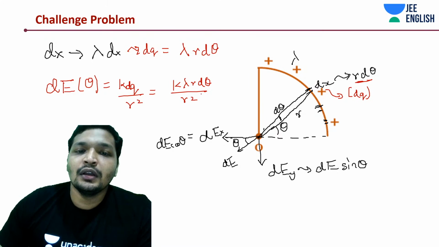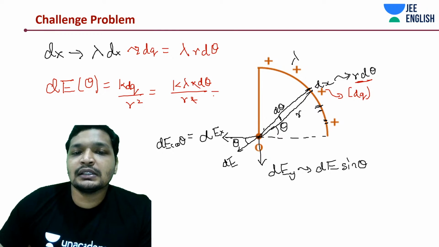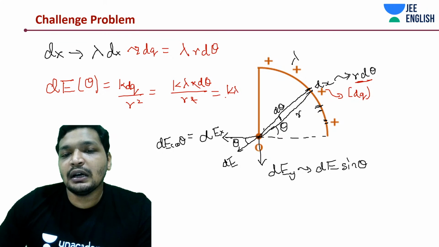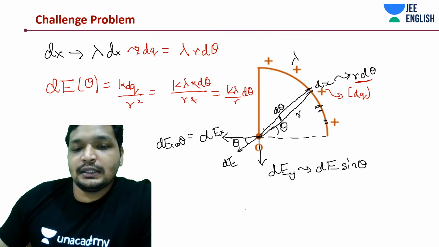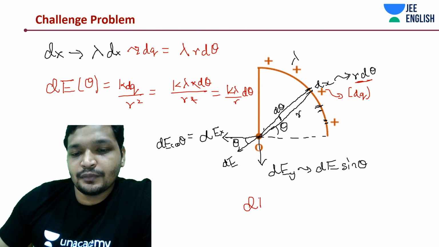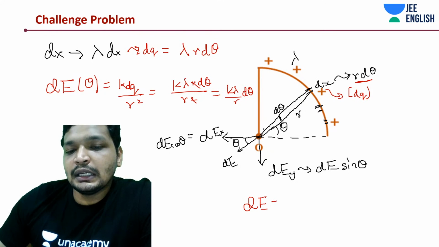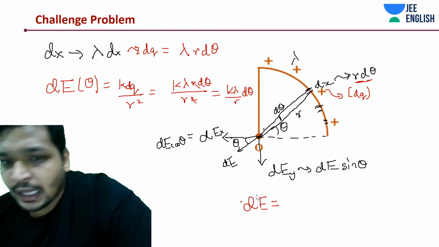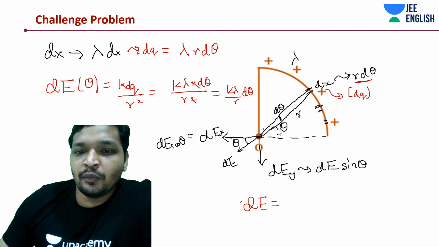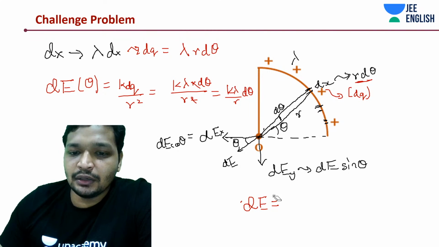These things will get cancelled out. It's k lambda by r d theta. Actually, a very interesting thing is going to be this part, guys. dE is equal to, I'll just box it up. You can write it down.